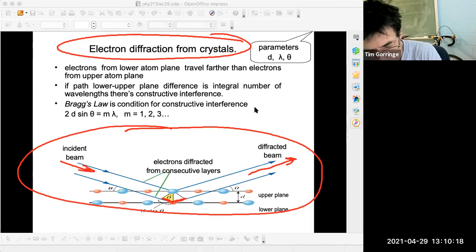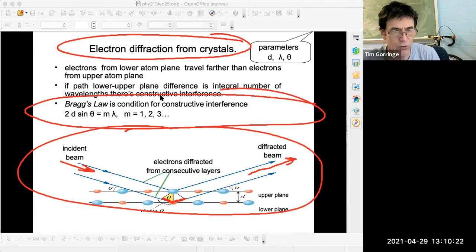And so you can again turn that picture into an equation. The equation is just determined by the separation between the two layers here, which determines the extra path that's traveled by the electrons diffracted off the bottom layer compared to the top layer.